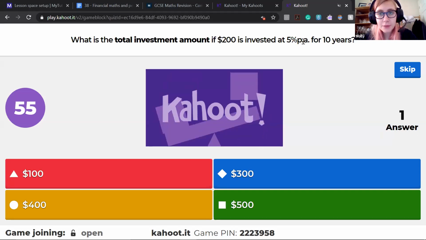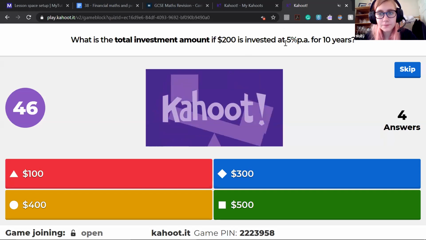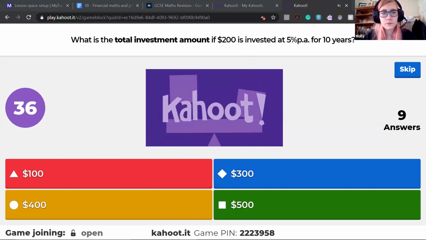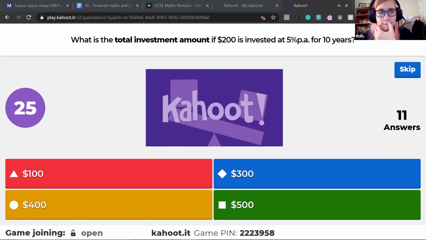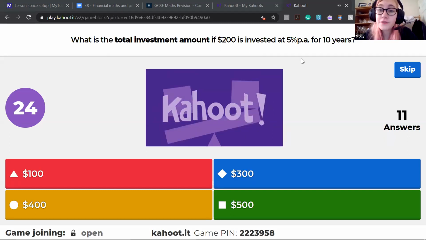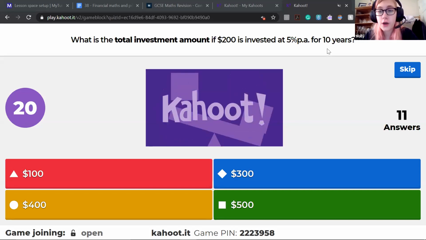This here means per annum, so per year. This one is simple interest as well. Don't worry if you don't know how to calculate simple interest or you're not sure exactly what it is. You will by the end.